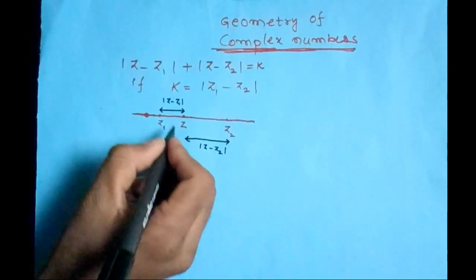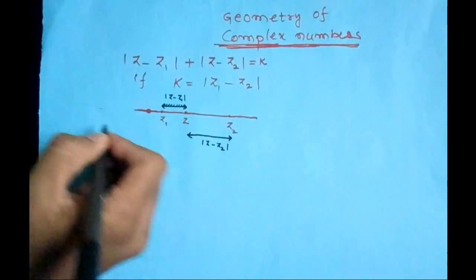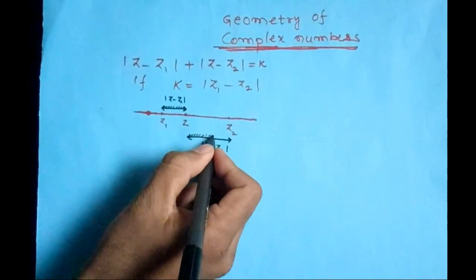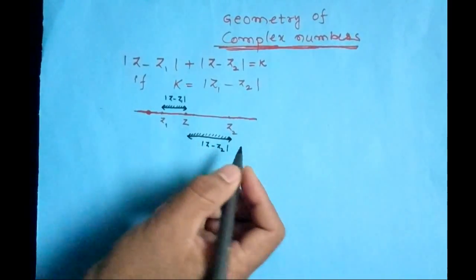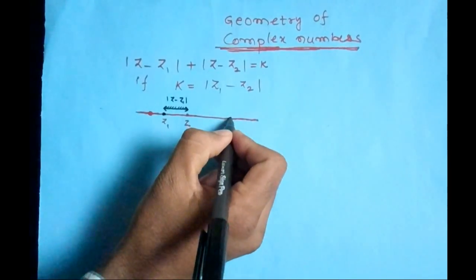So if I add these two distances, one distance is this, modulus of z minus z1, and this distance, if I add both the lengths, what happens? Obviously you will get the distance from the point z1 to the point z2.